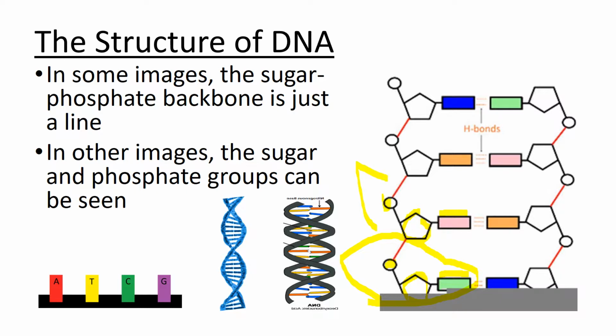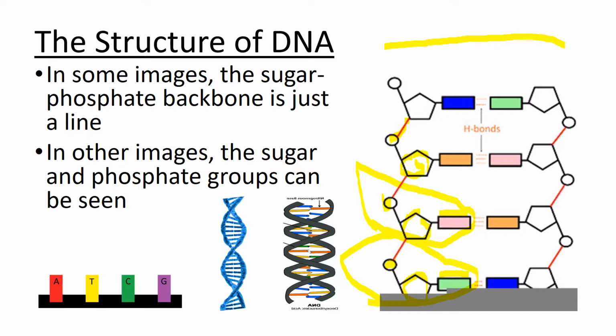So this is another nucleotide. We know that this 5-carbon sugar is deoxyribose, by the way, because this is DNA. One way we know this is DNA is that we have 2 strands. DNA is double-stranded.